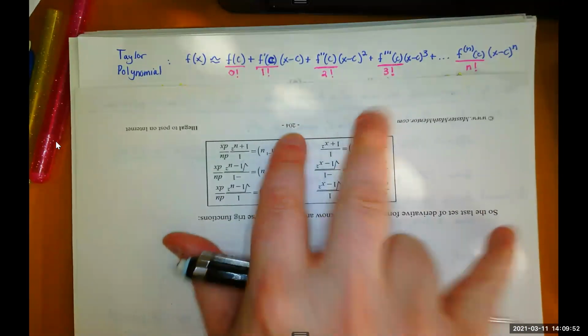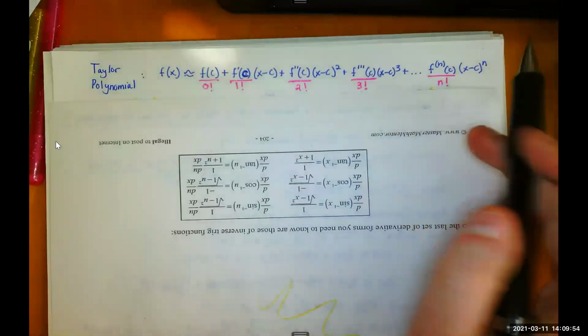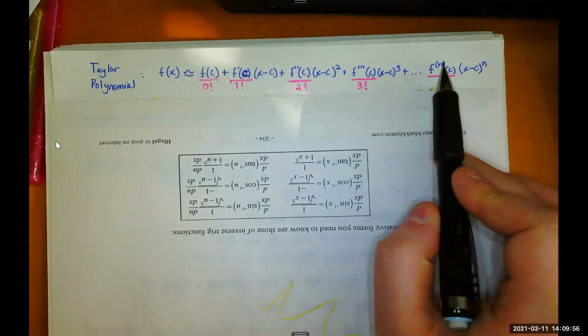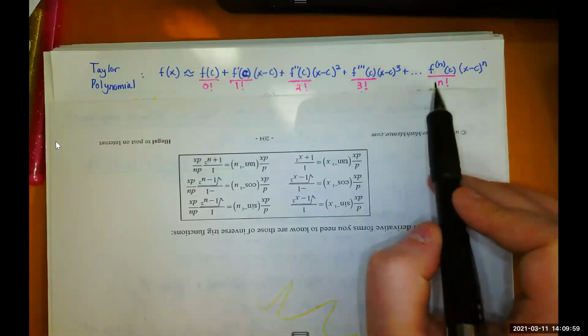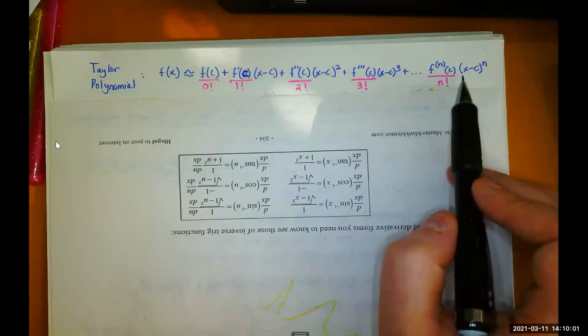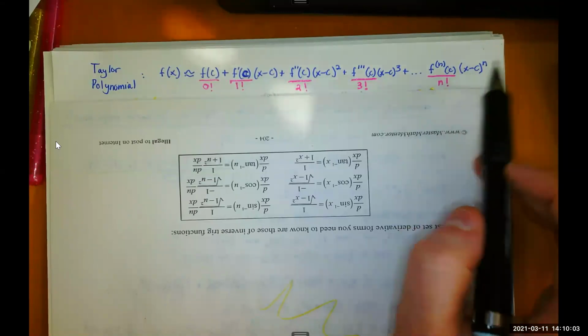So our Taylor polynomial creates terms by doing fn of c divided by n factorial times x minus c, that quantity, to the nth power.